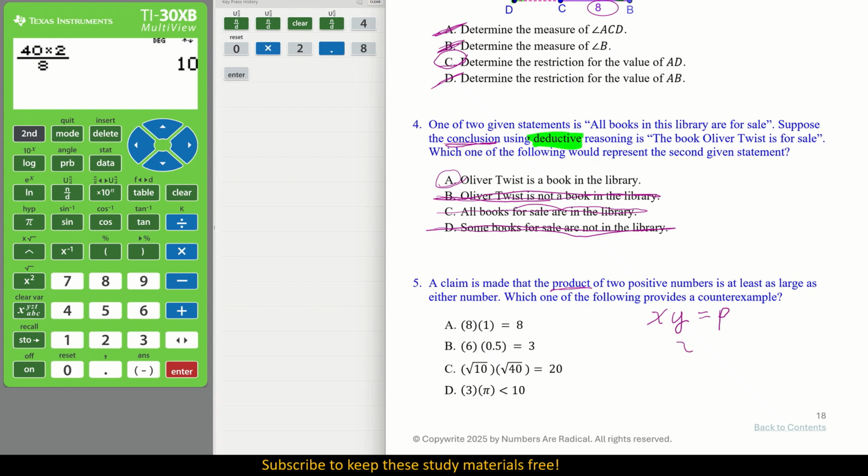So they're saying X is less than or equal to P, and Y is less than or equal to P. They're at least as large, but not larger.